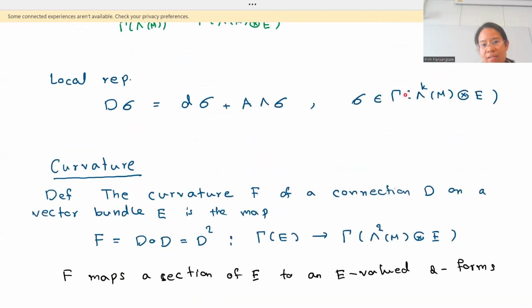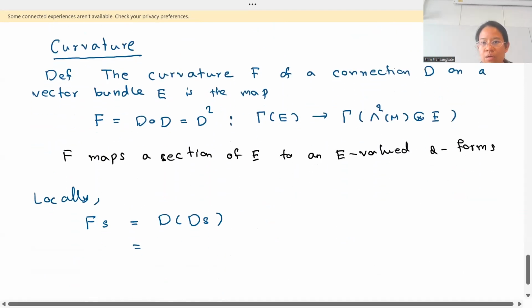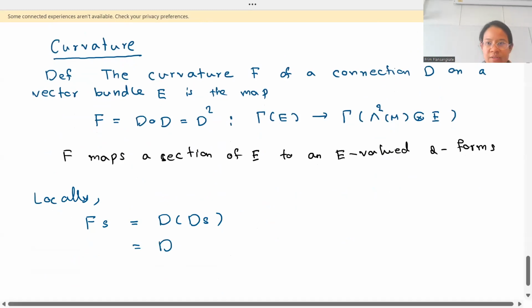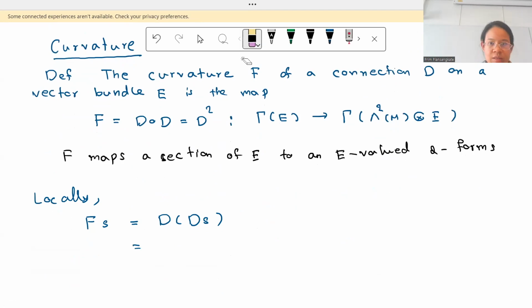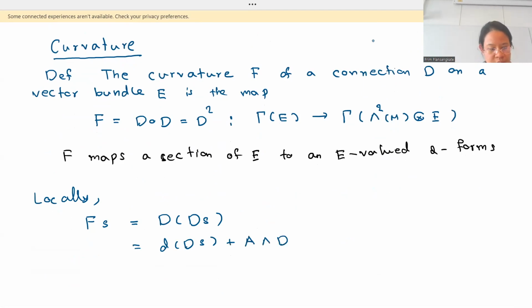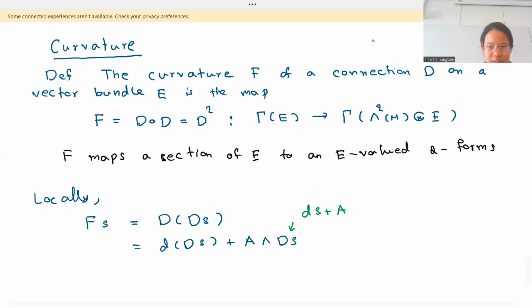It's here. So we just use this local representation. So we will have, sorry, D of ds, and now we already have the expression for ds, which is this one.